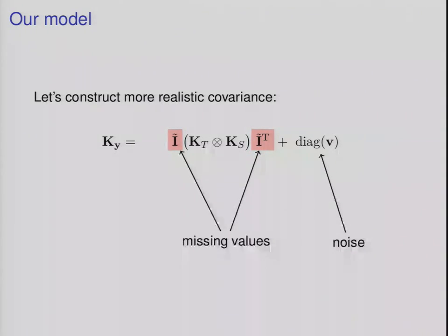This can be done with a matrix operation where this I tilde is an identity matrix from which you remove the rows corresponding to the missing values. Then if you want to model different length scales, you can have a set of these covariance matrices by having a sum.